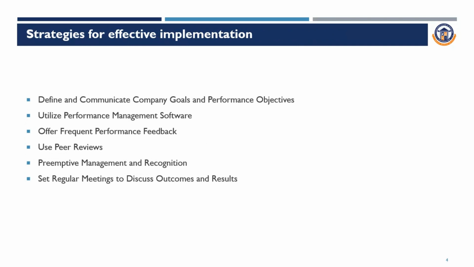Next one is strategies for effective implementation process. First one is define and communicate company goals and performance objectives. Our employees cannot meet our performance expectations or company goals if they are not clearly outlined with the objective.